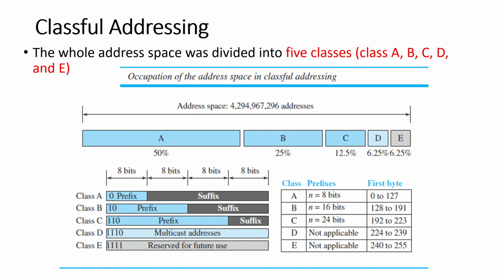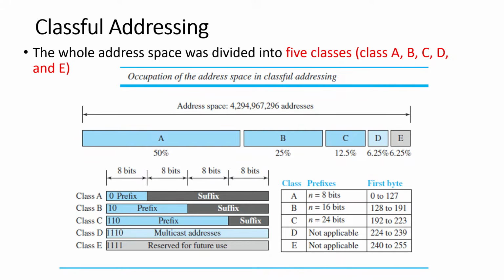Classful addressing. The whole address space was divided into 5 classes, named Class A, Class B, Class C, Class D and Class E. Totally 32 bits are used to represent the IPv4 address, so the address space is more than 4 billion addresses.